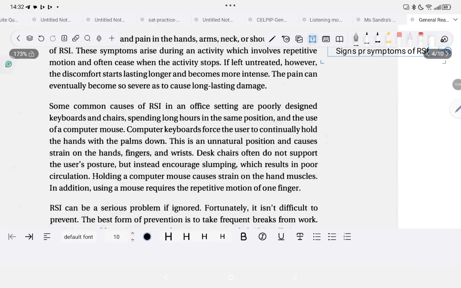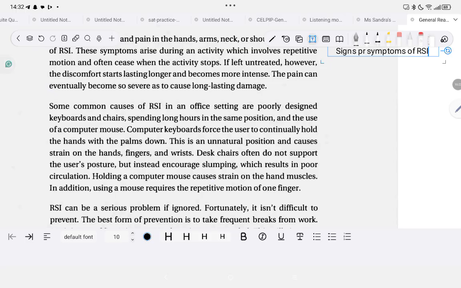Some common causes of RSI in an office setting are poorly designed keyboards and chairs, spending long hours in the same position, and the use of a computer mouse. Keyboards force the user to continually hold the hands with the palms down. Last sentence, holding a computer mouse causes strain on the hand muscles. In addition, using the mouse requires a repetitive motion of one finger.